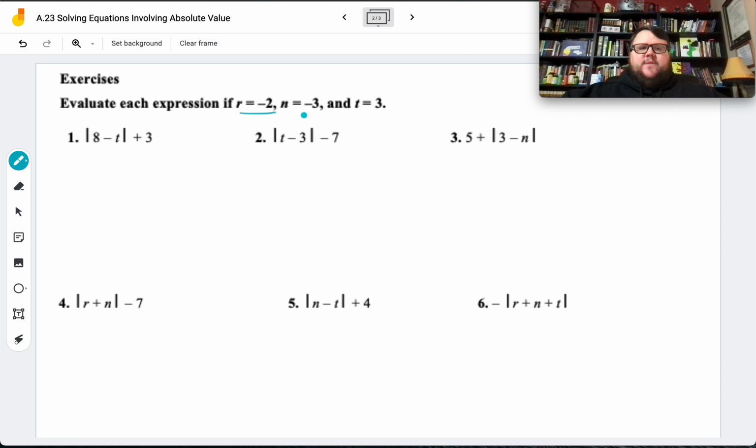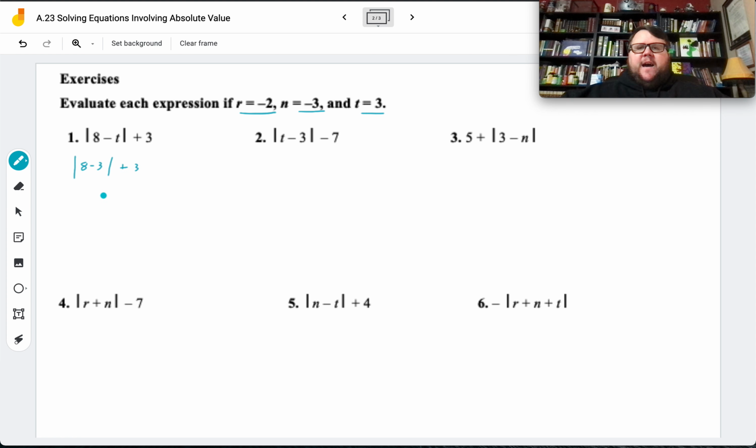R equals negative 2, N is negative 3, and T is 3. What you're going to do is plug in for the variables. Number 1: absolute value of 8 minus t, plus 3. T is 3, so I plug in 3: absolute value of 8 minus 3, close absolute value, plus 3.